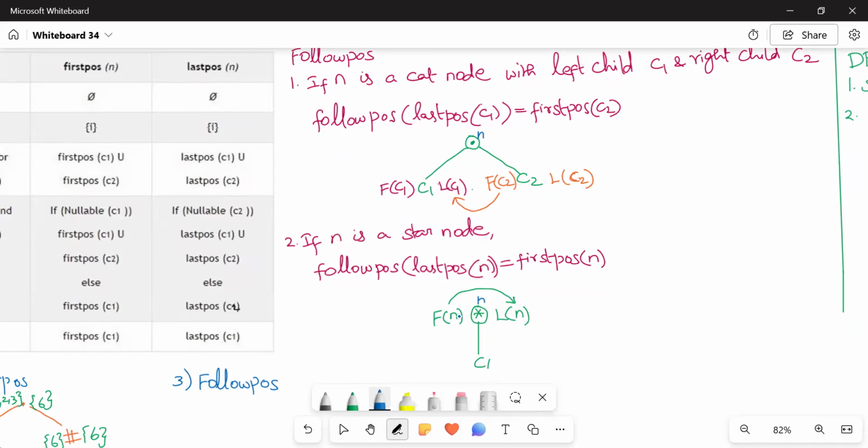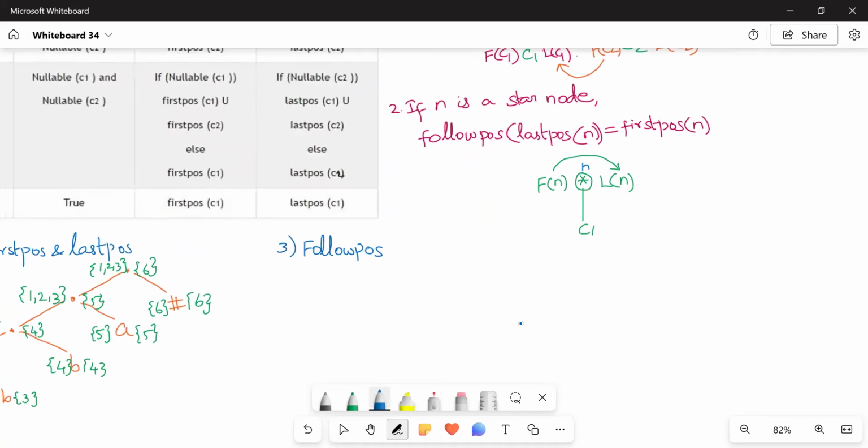So n is a star node with single child. We are not going to worry about the child here. If n is a star node and it has first position and last position, then follow position of last position of n is equal to first position of n. It means first position of n must be applied to follow position of last position of n.